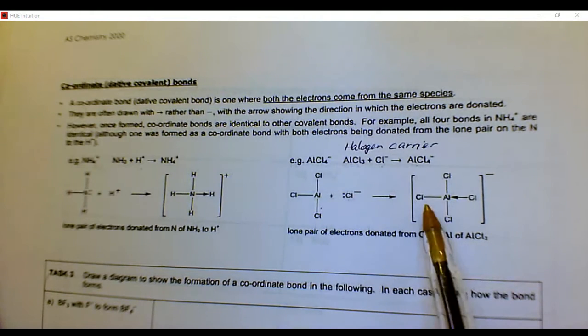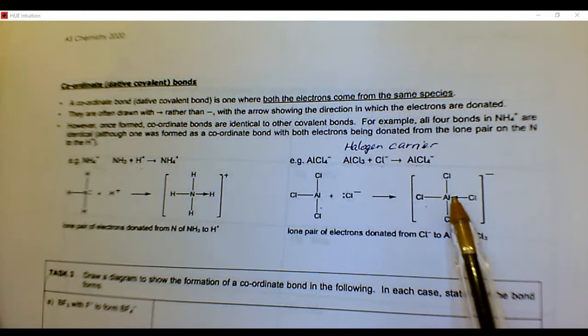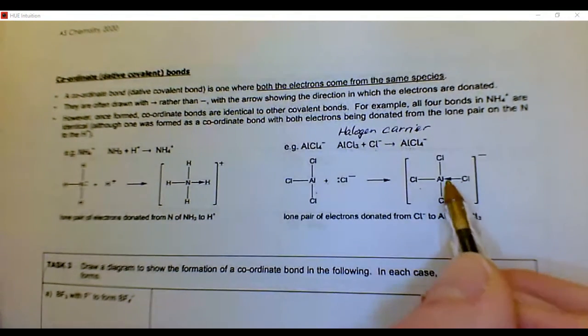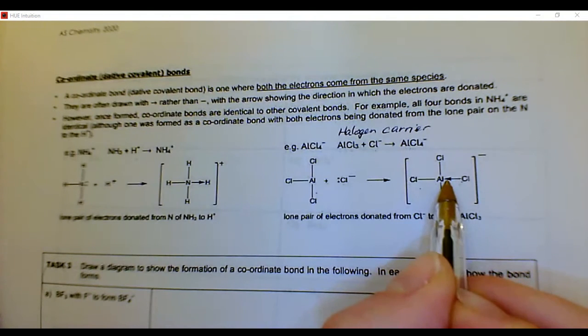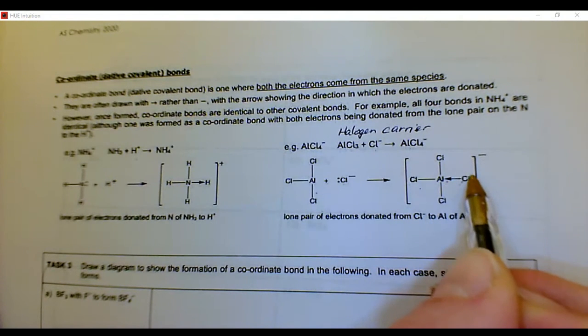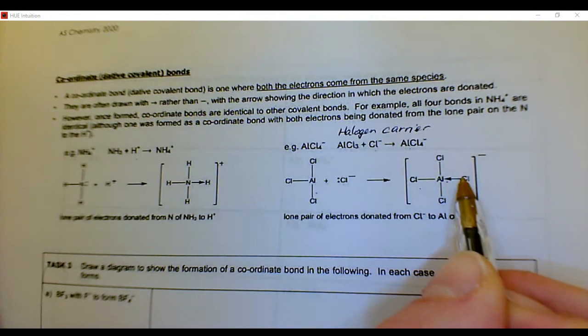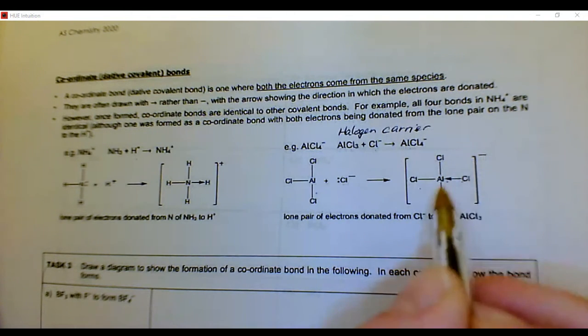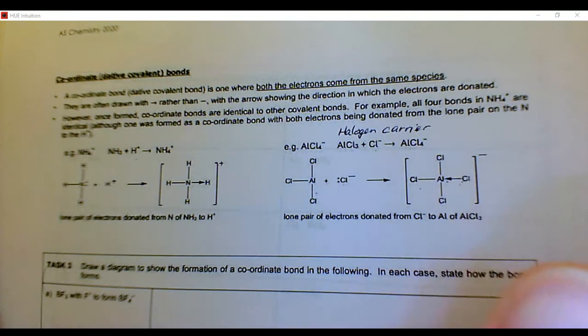And again, note that the arrow direction is towards the aluminium, because it's the chlorine forming a coordinate bond with aluminium. It's very similar to what we just did. It's using one of its pairs of electrons. And there's an overall negative charge because everything ultimately has to end up with paired electrons, right?